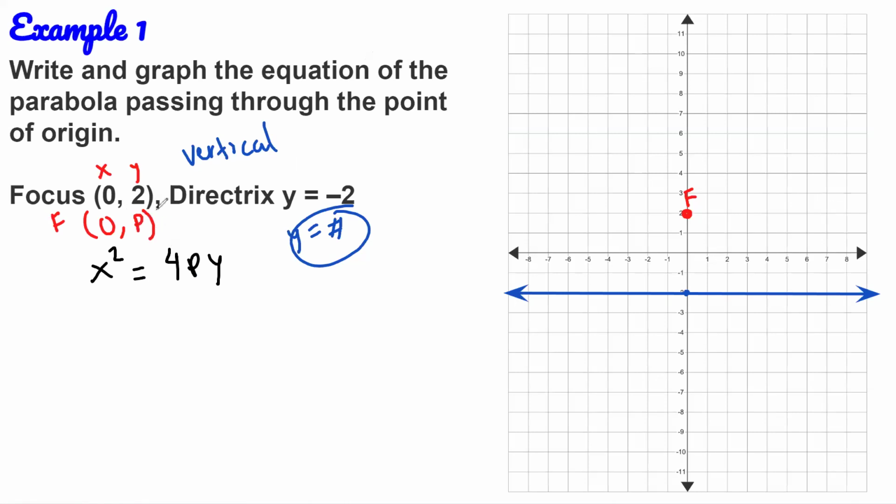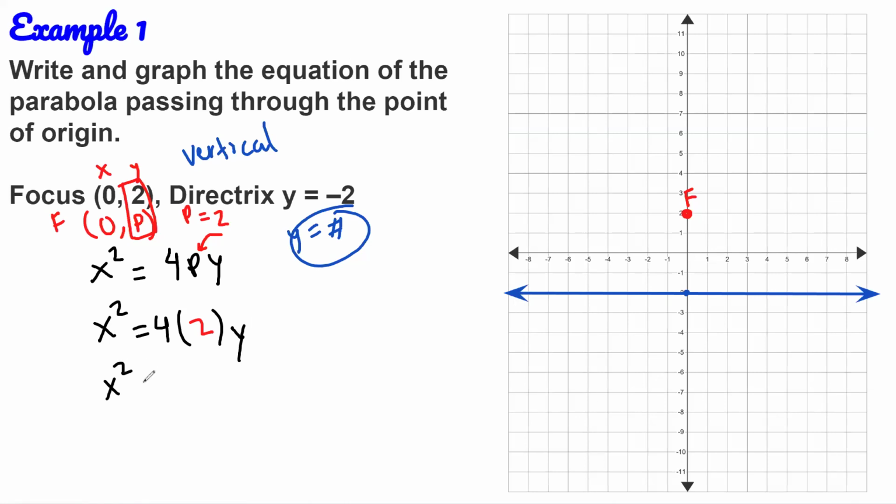So what is my p value? 2. So I'm going to write p equals 2. So what do you think I'm going to do with this p value? I'm going to substitute it. So let's write my equation. x squared equals 4 times p times y. My p in this case is 2. And let's go ahead and solve.